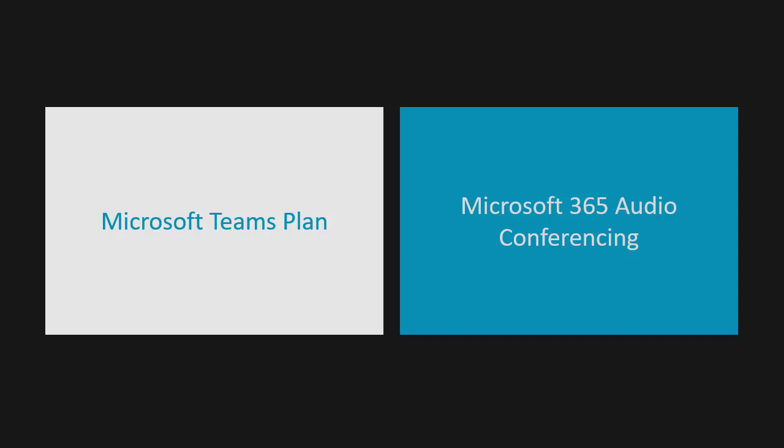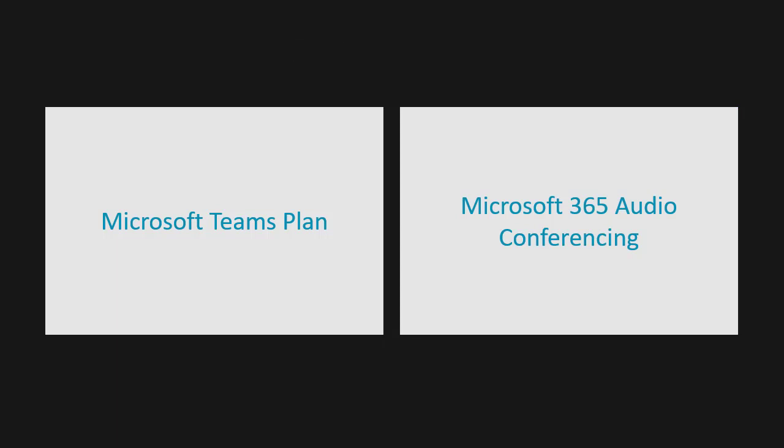Now this add-on is the key license that allows you to have people dialing in to conferences you schedule. So you need two things, the Microsoft Teams plan and the audio conferencing add-on.